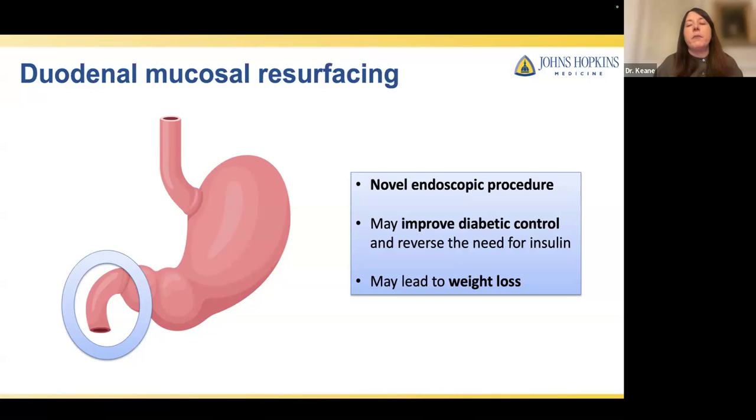In some patients, it may even reverse your need for some of your insulin. And in a certain group of patients, it may also lead to weight loss. So we're hoping to incorporate this therapy into our portfolio as part of a clinical trial later in the year.